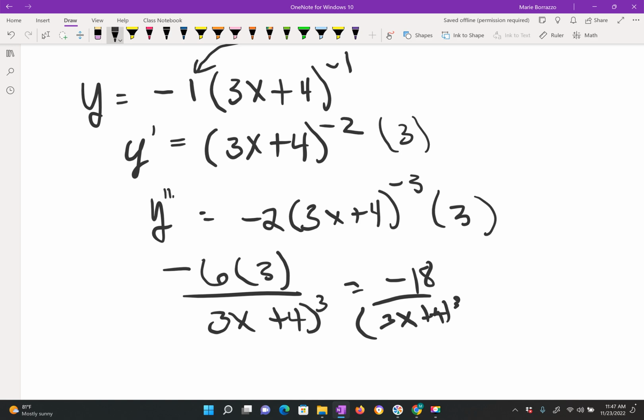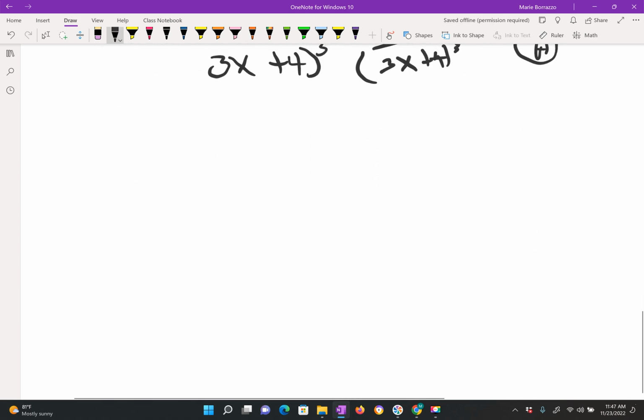It looks like A is the winner. A. So it is -18. I don't know why this one's bugging me, but that is definitely the correct answer and the correct steps.